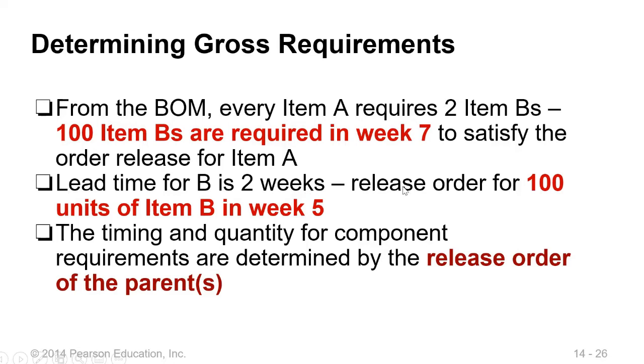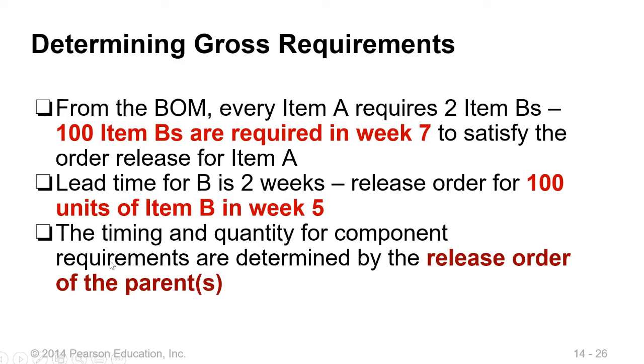So you have to find out the number of items needed and when it is going to be released, for all the items. So 100 Bs required in week 7. The order release for 100 items is week 5, so that you can get the items at week 7.